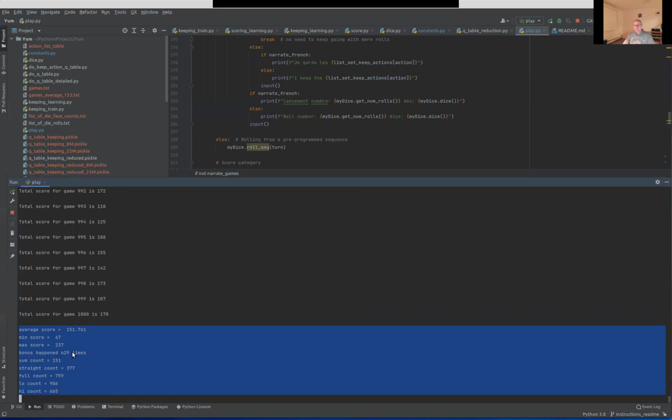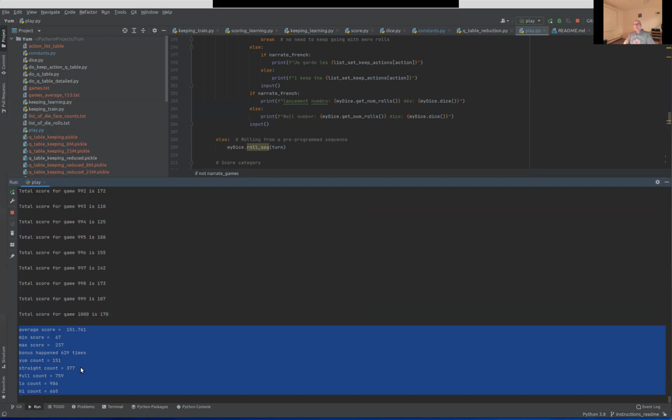So 63% of the games it got the bonus, which is pretty good. And here, Yum, that's 5 of a kind, which is almost pure luck, but it still got it 15%, which is not bad. And the straight it did a bit better than a third, so 38% of the time it got the straight.